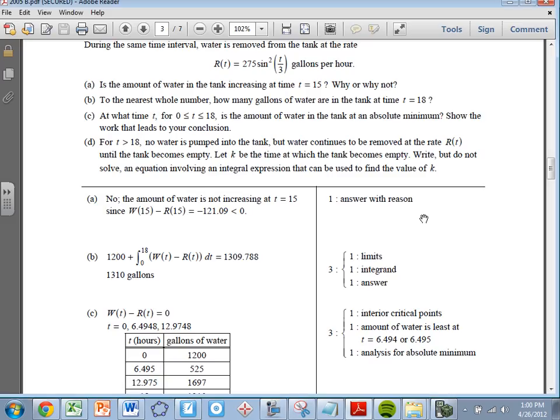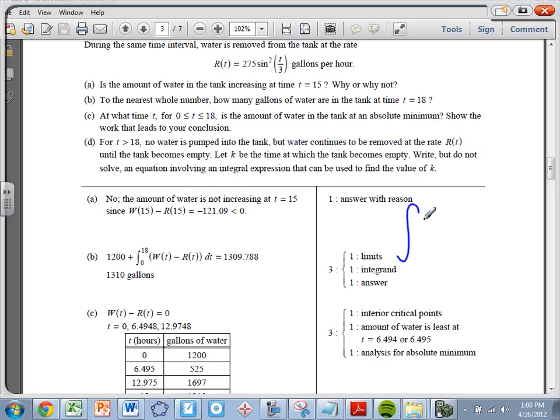So I know that the integral from 18 to K, whatever K is, of my decreasing rate, because now we're no longer gaining water, there's no W anymore, we're only losing water. So since we're losing water, the integral of this needs to be equal to what? 1310. And what sign should it be? I'm losing water. Negative 1310. That's your answer for part D.